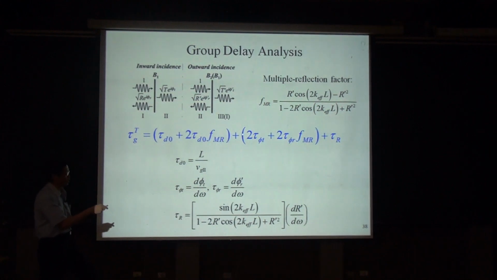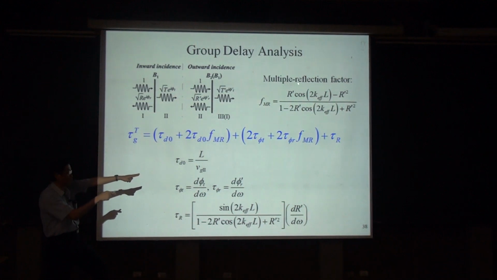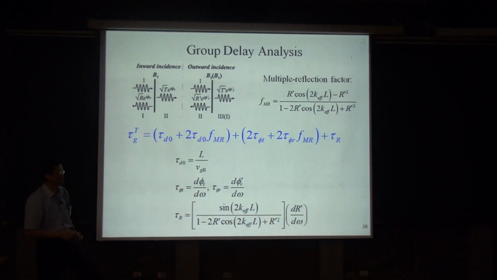Next one is here. This is due to the phase discontinuity at the boundary. In principle, it will spend no time, but sorry, it will. So we have the first boundary and second boundary, so 2 times, and doing 2 times the multiple reflection factor.